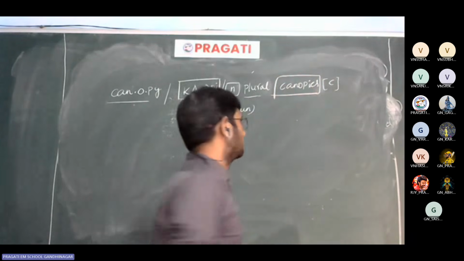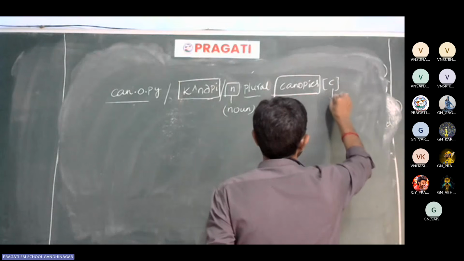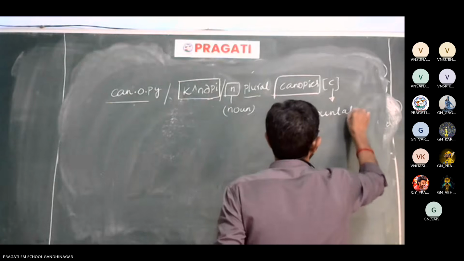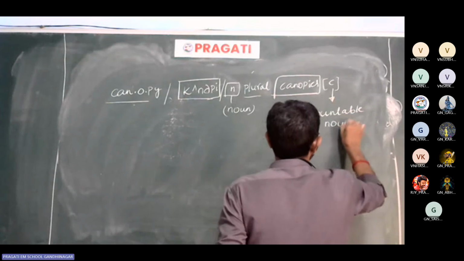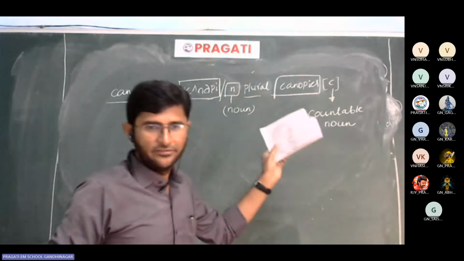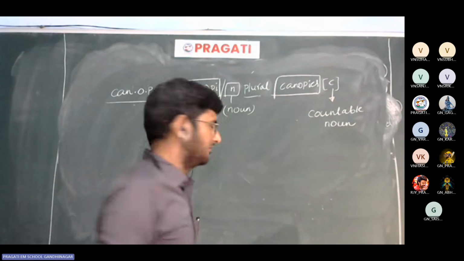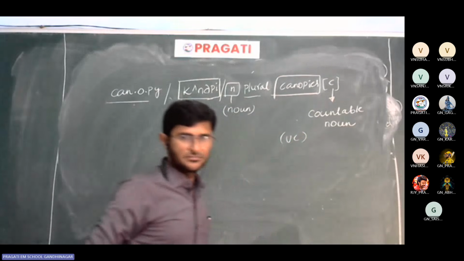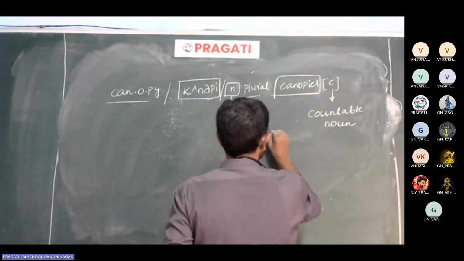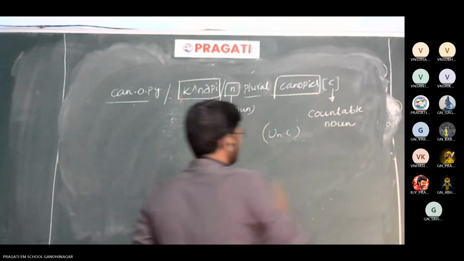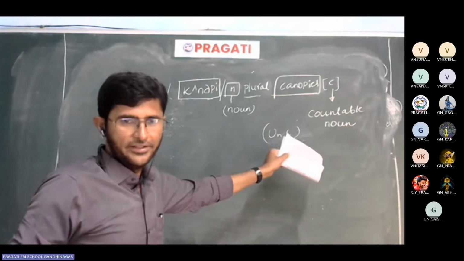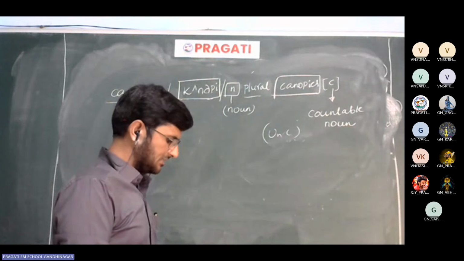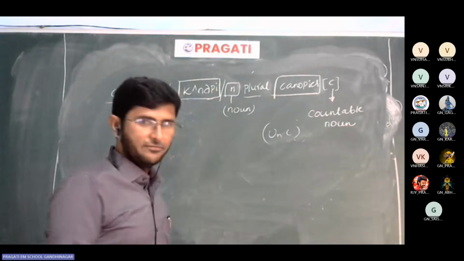So followed by that, you have a symbol C. It means it's a countable noun. If C is there, it is a countable noun, right? So if it is uncountable, you will see the phonetic. If you see this symbol, the word is uncountable noun, right? So here we have two questions. What is the part of speech of the word canopy?